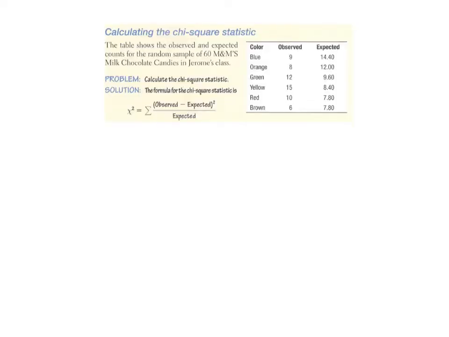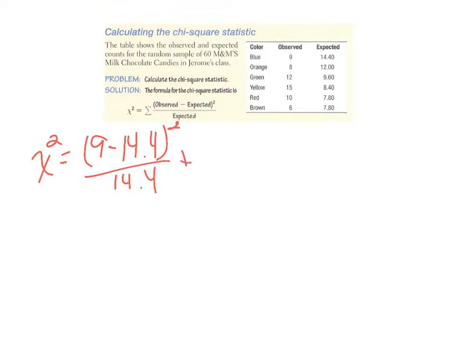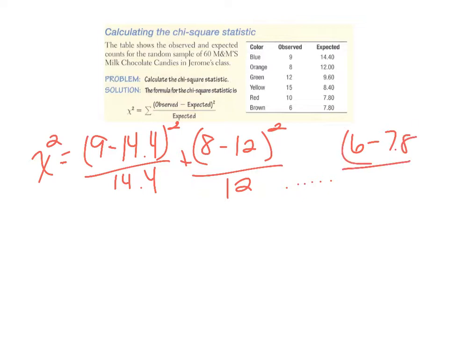So now I can use these expecteds to actually calculate my chi-square statistic. So we would have our chi-square is equal to our observed minus expected, squared, divided by expected, plus, and then we do it for every single one. Remember, when you're in a rush on your test, I could type all that in my calculator so that it will spit out the answer.